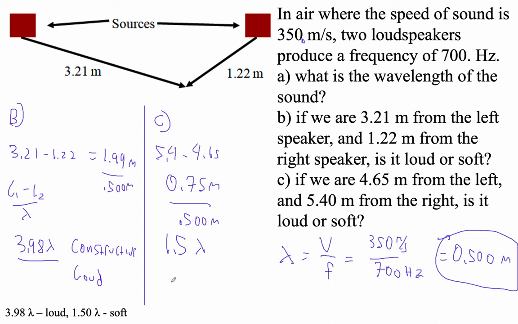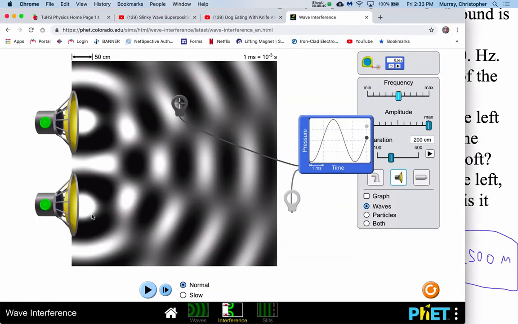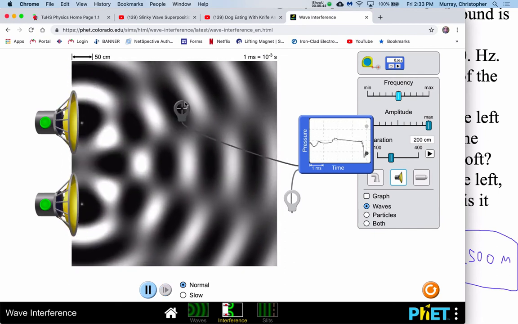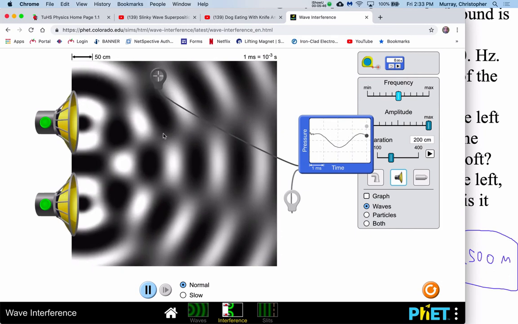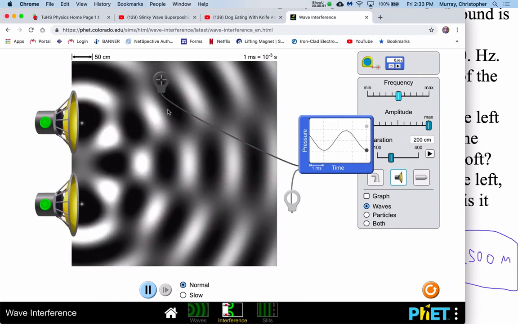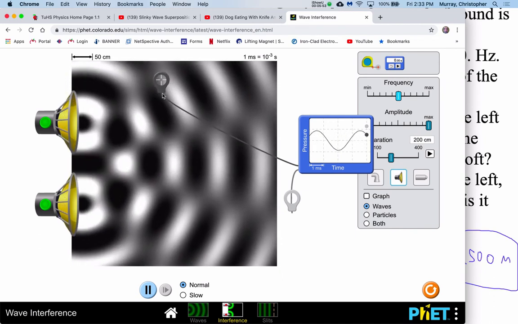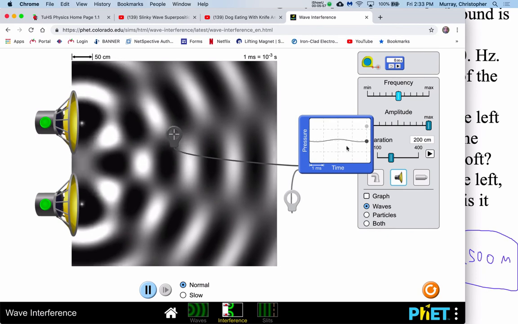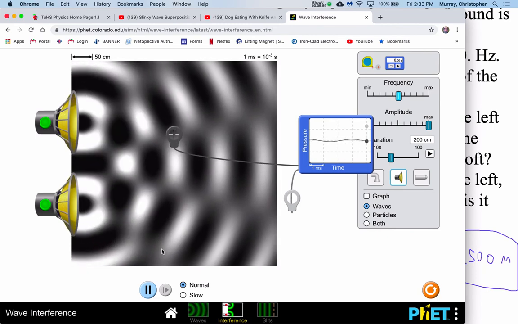So that's going to be destructive. It's going to be a situation like this, where we are maybe here. It's going to be low amplitude, like that spot right there. Very low amplitude. You can see the pressure right there.